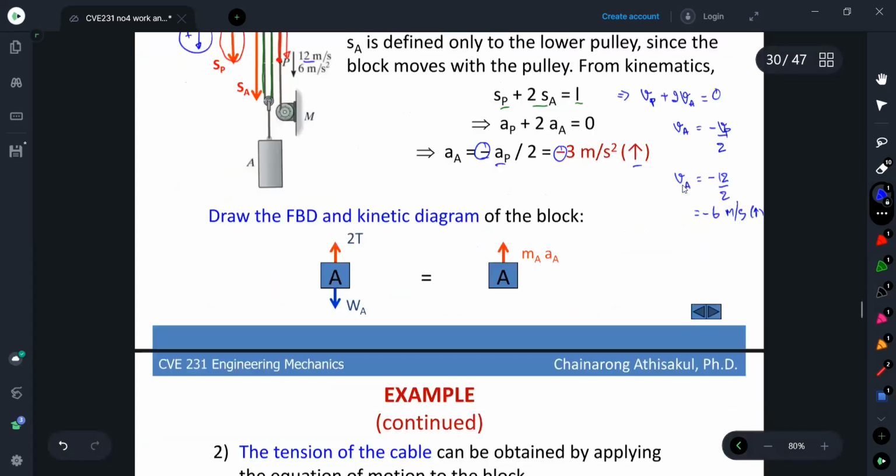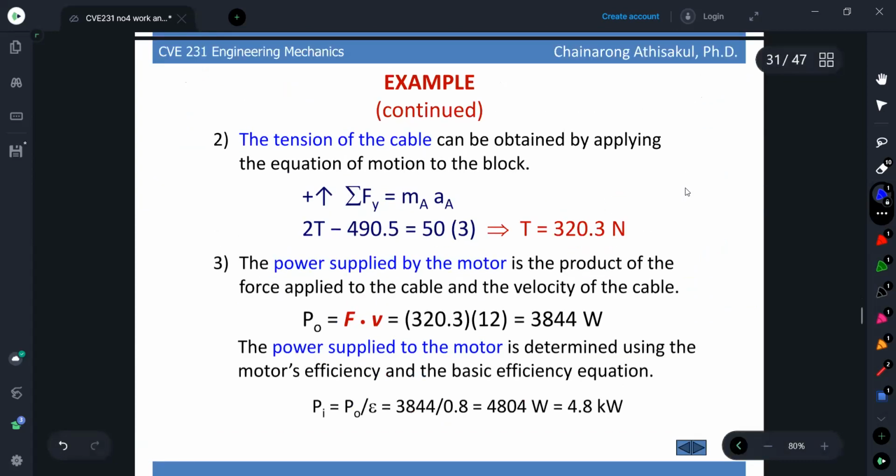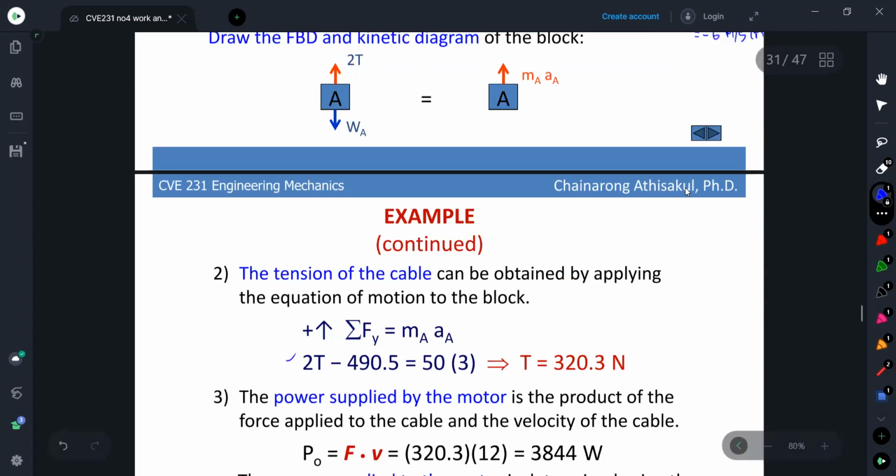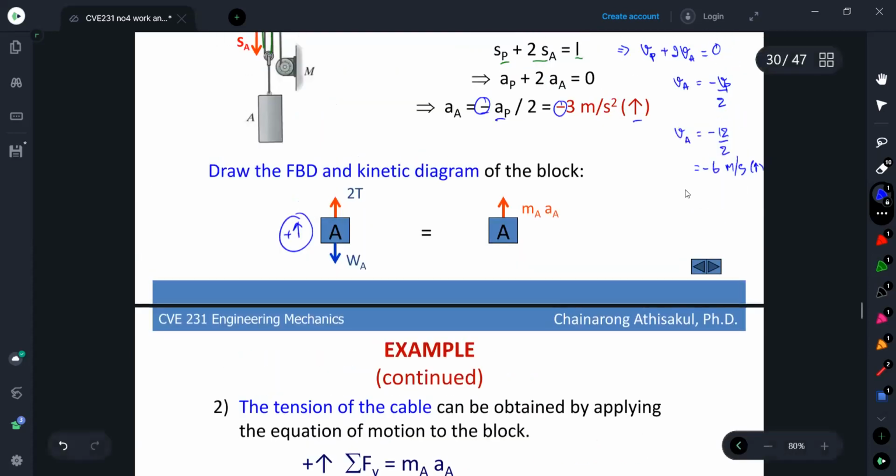After we consider the free body diagram, we can derive the equation of motion for block A. We set upward as positive, so the equation of motion becomes 2T minus the weight, that is 490.5, equals 50 times the acceleration of block A, which is 3, because we now know that the acceleration of block A is 3 meters per second squared upward.